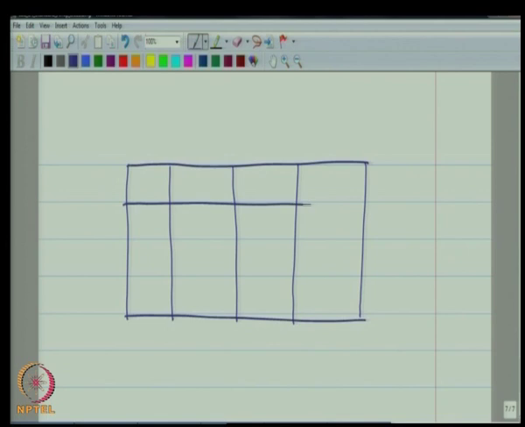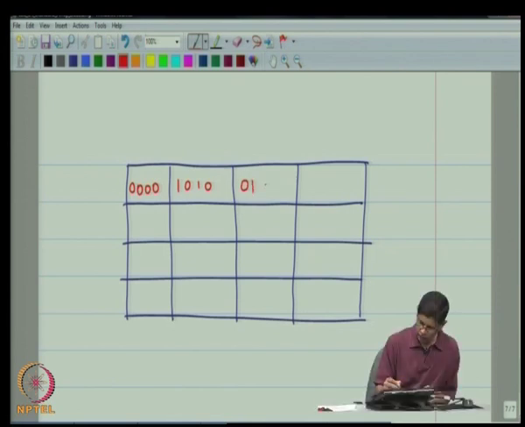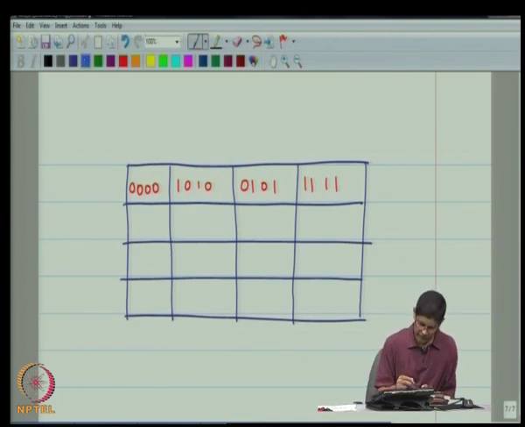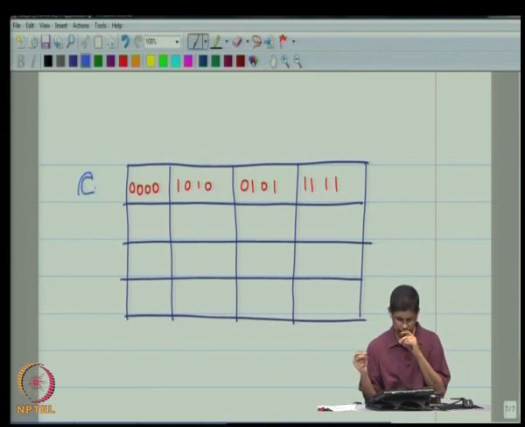And all right, what I am going to do is, in the top row I am going to put down the code words. Okay. So that is 0 0 0 0, 1 0 1 0, 0 1 0 1, 1 1 1 1. So these are the code words. So this then represents C, the code itself.